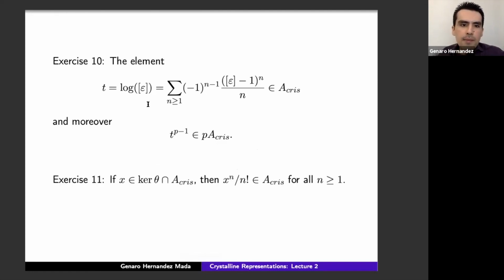Something else we might say about A_cris: if I take an element x in the kernel of theta, which is also inside A_cris, then its divided power, x^n over n factorial, is actually an element of A_cris for all n.